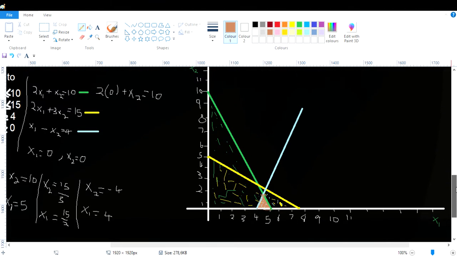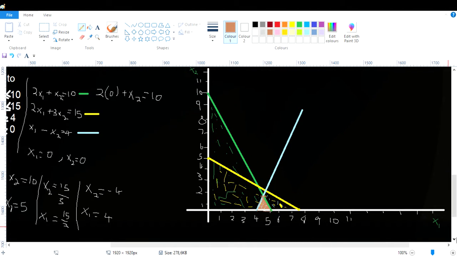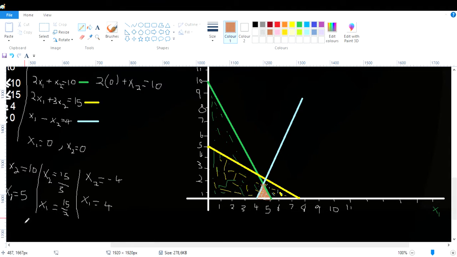Let me take these two equations. This intersection is between the green line and the blue line. So here, let me use white. It's 2x sub 1 plus x sub 2 is equal to 10.